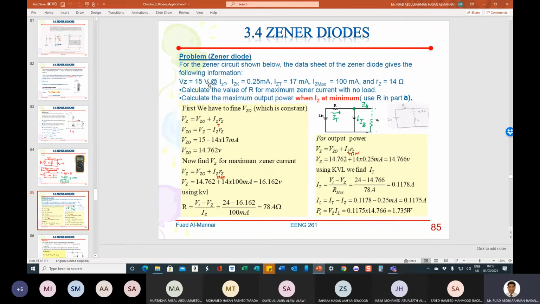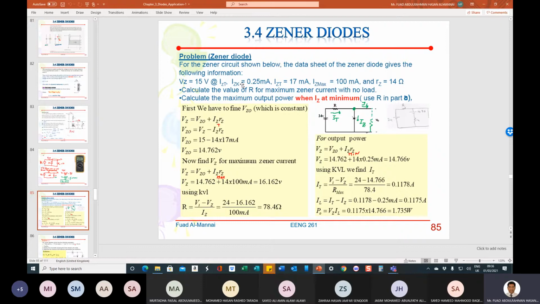Remember what I said before, that VZ is always taken at IZT, which is the test current. Then he gave us IZK equal to 0.25 milliamp, IZT equal to 17 milliamp, IZ max equal to 100 milliamp, and RZ equal to 14 ohms.